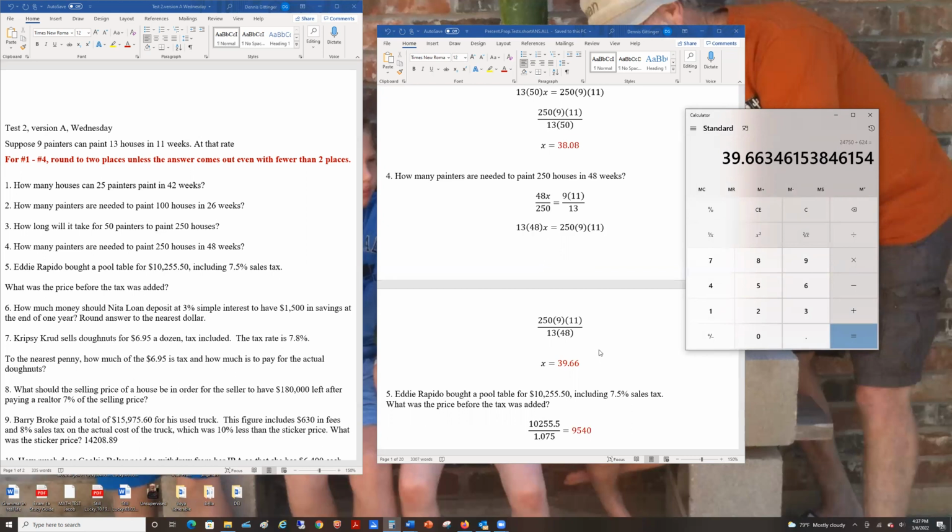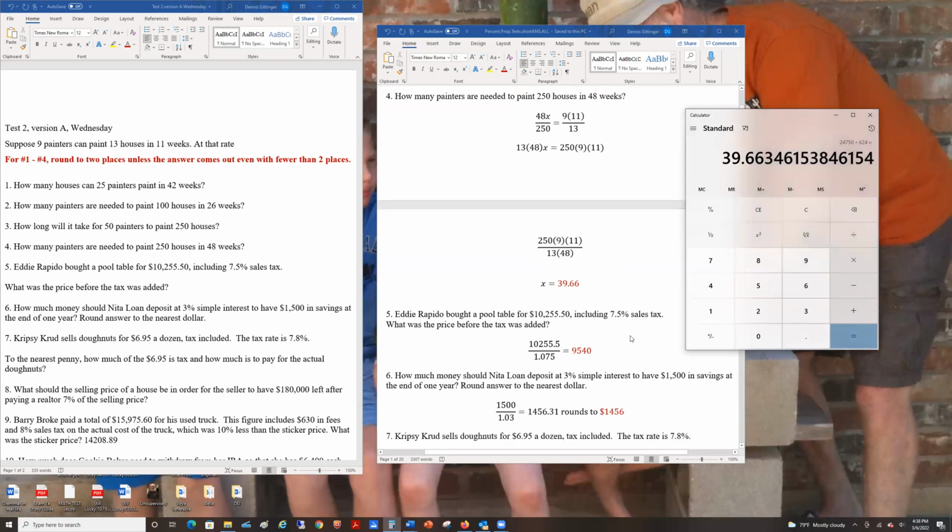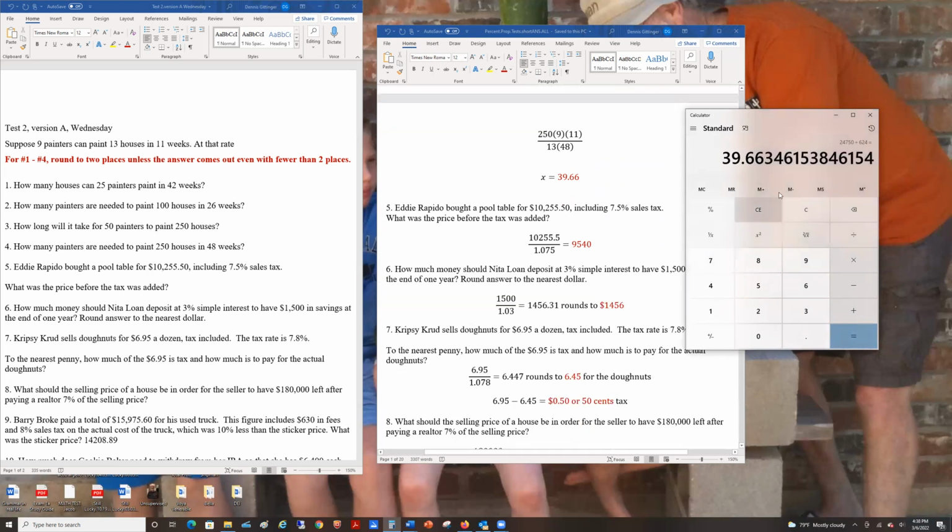And by the way, you don't have to use memory. If you have a scientific calculator, you can put 13 times 48 in parentheses. So that would be not this calculator, but you can do it. Or you can simply write down 250 times 9 times 11, whatever that is, and then 13 times 48, whatever that is, and then do the one divided by the other. It requires pencil and paper, which is fine.